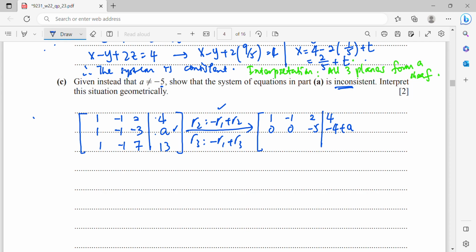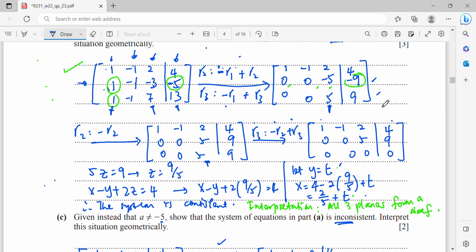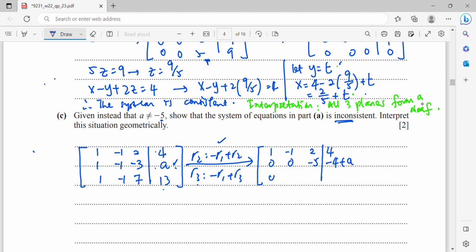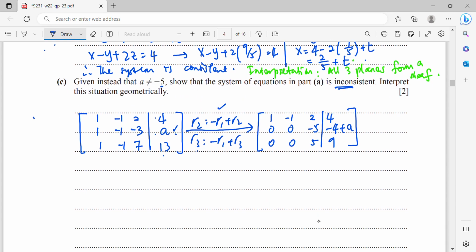There's no change for R3 because it does not involve row 2, so I copy back the answer from the previous step, which is 0, 0, 5, 9. Now I rewrite the first row because this is not yet the echelon matrix, and for the second row you can just rewrite.